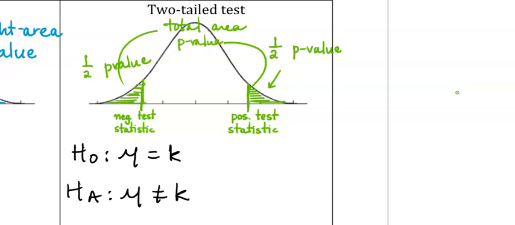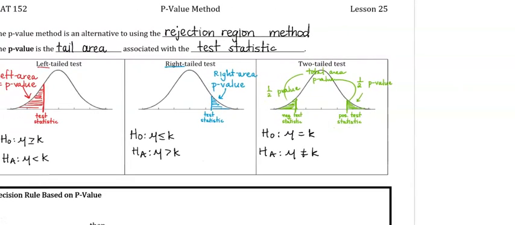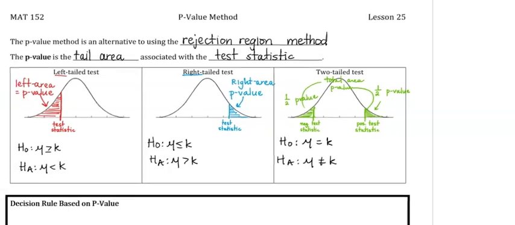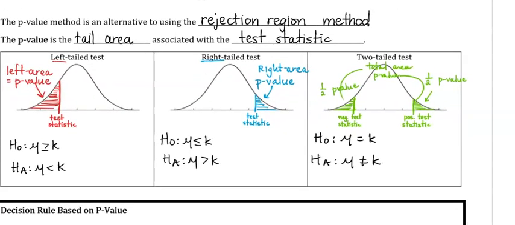So one tail just gives you half the p-value, but when you put it together, you get the entire p-value. And we'll see examples of all three of these cases and how to work through them and make some decisions, which is the next thing that we're going to talk about. How do we use that p-value to decide whether we're going to reject the null hypothesis or whether we're going to fail to reject the null hypothesis?